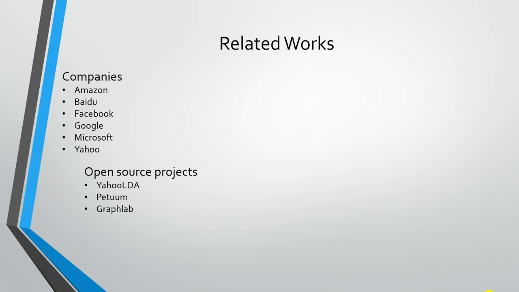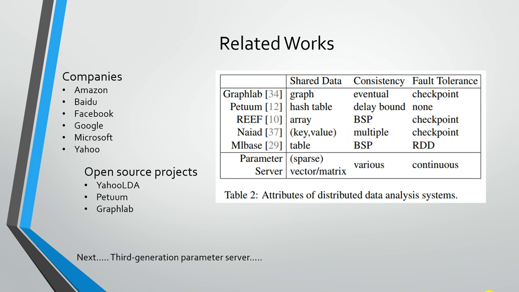Okay, in conclusion about these related works, if we compare to the other famous algorithms, the parameter server offers the greatest degree of flexibility in consistency, and it's the only system offering continuous fault tolerance.